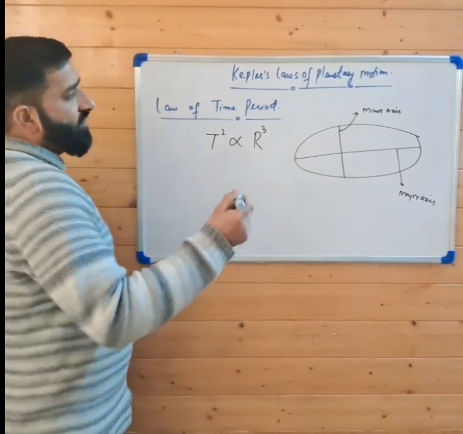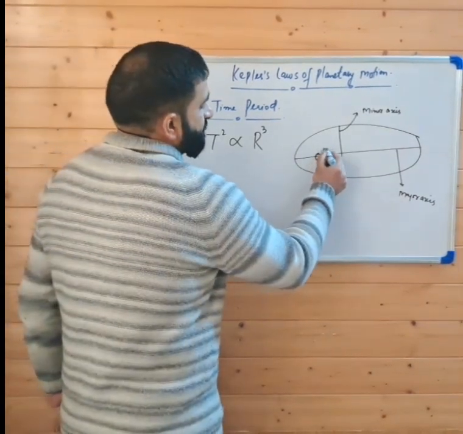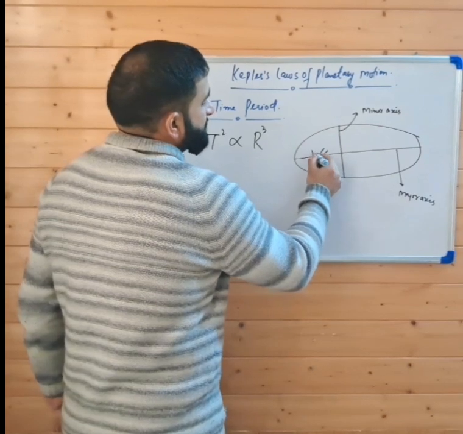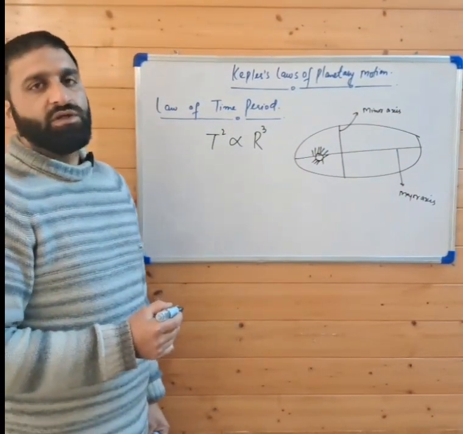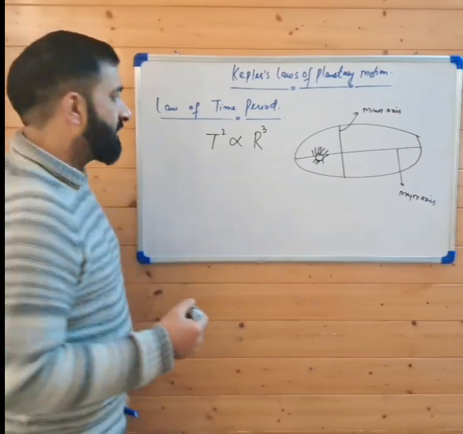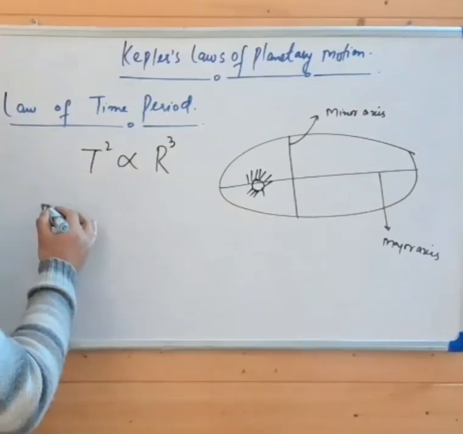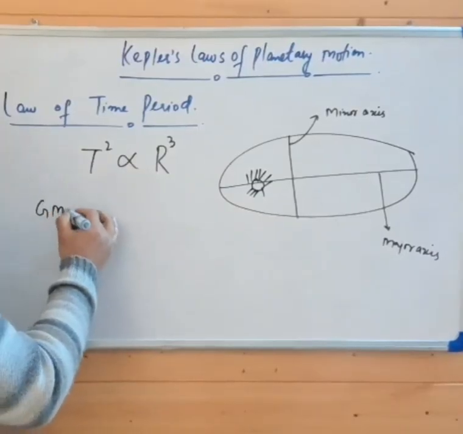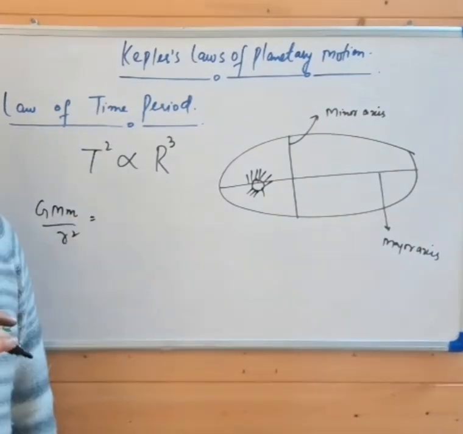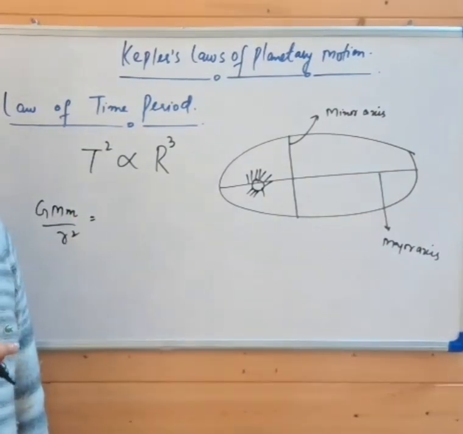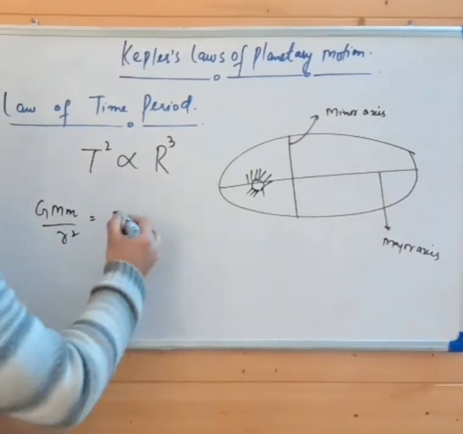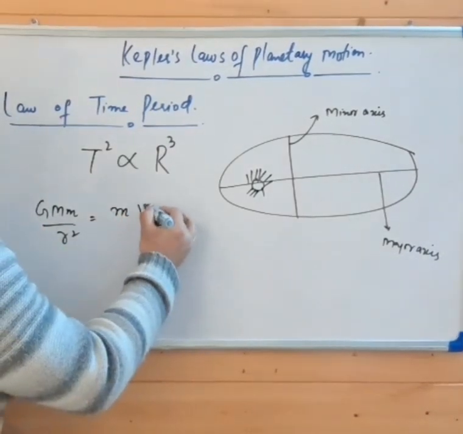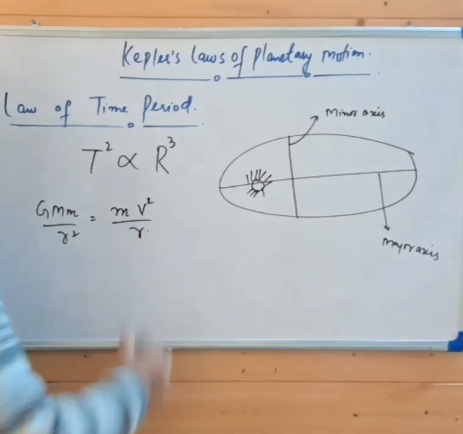When a planet moves around the sun, the gravitational force gives the necessary centripetal force to the planet to move in an orbit. If we take GMm by r squared to be the gravitational force of attraction between the sun and the planet, then GMm by r squared is equal to the centripetal force, that is mv squared divided by r.